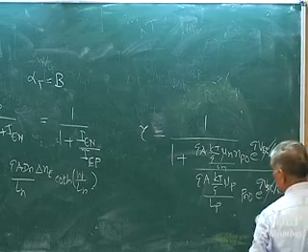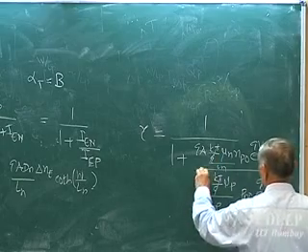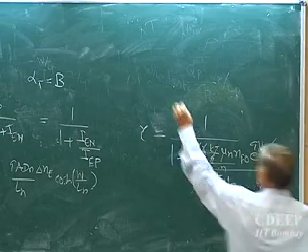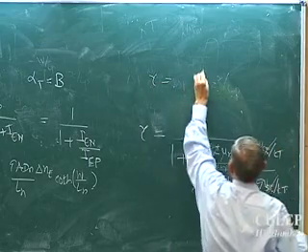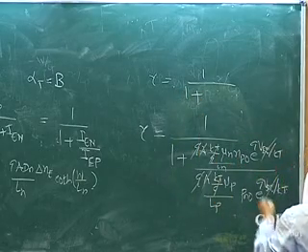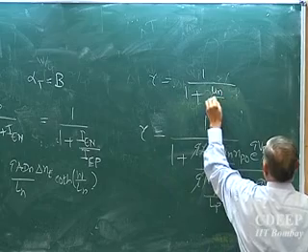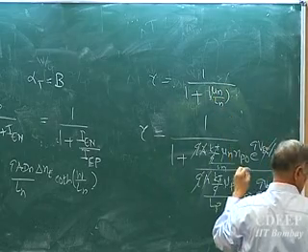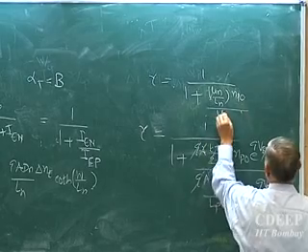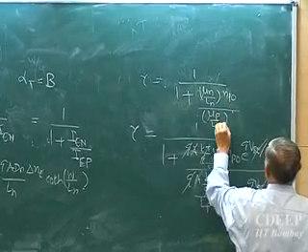This cancels, kt by q cancels, q cancels, a cancels. So gamma is equal to 1 plus, finally, mu n by ln NPO divided by mu p by lp PNO.